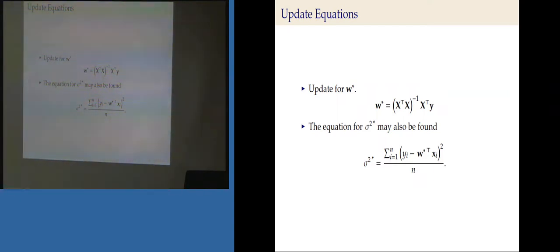Which I think the numerical analysis people would write as AX equals B. They solve for X, don't they? So numerical analysis people would say you're solving this system where X is W, X transpose X is A, and X transpose Y is B. So you don't actually explicitly invert this and multiply it on that side as I've shown there.